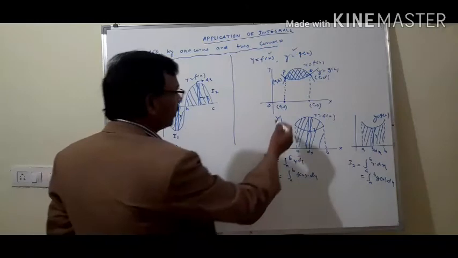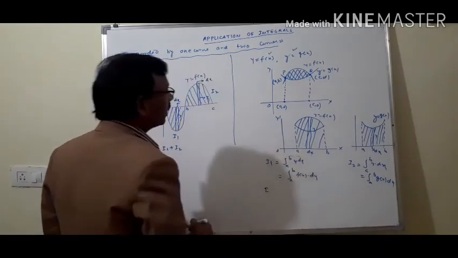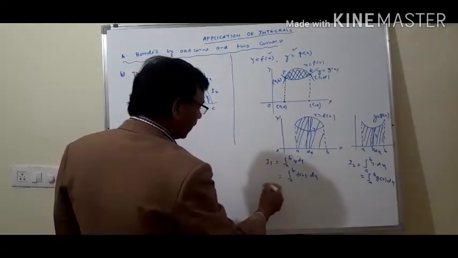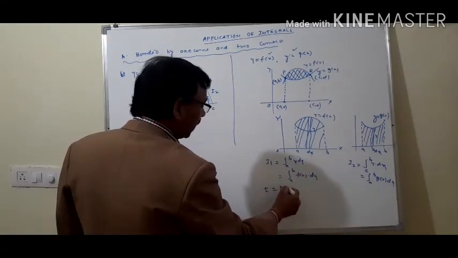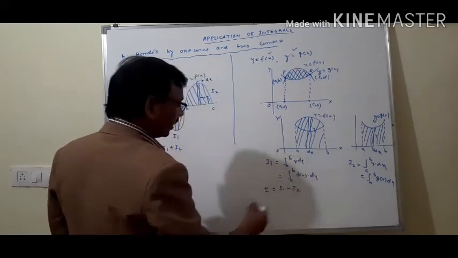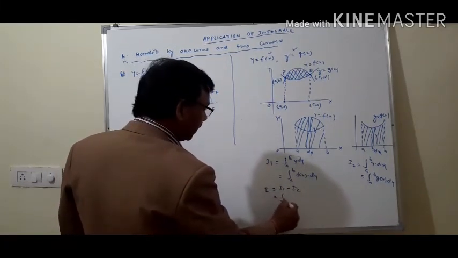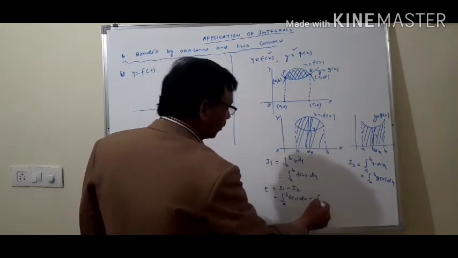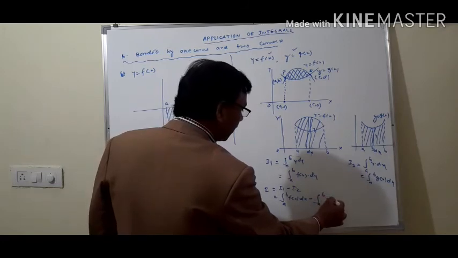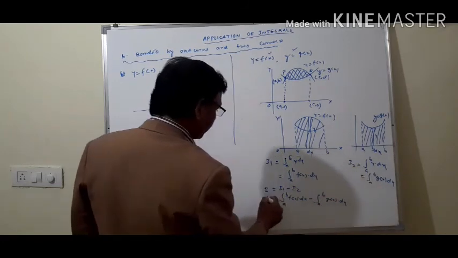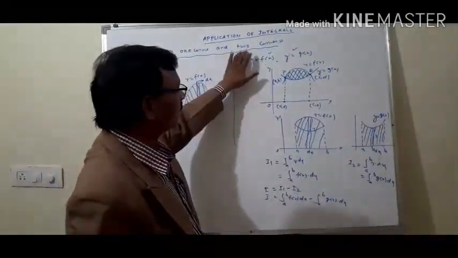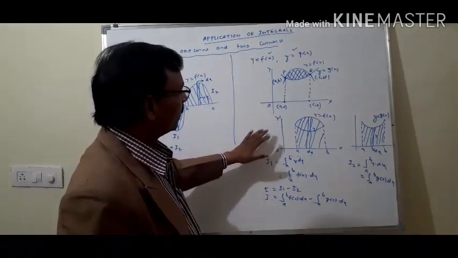If we denote the area bounded by both curves as I, then I equals I1 minus I2. That means this will be the integration from a to b of f of x into dx minus the integration from a to b of g of x into dx. This is a very important topic, the area bounded by two curves, for examination.